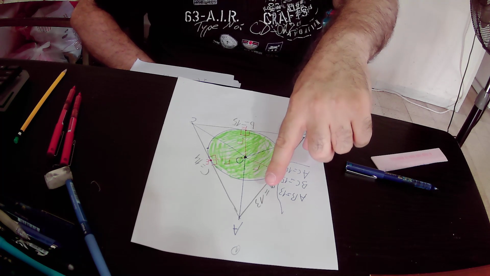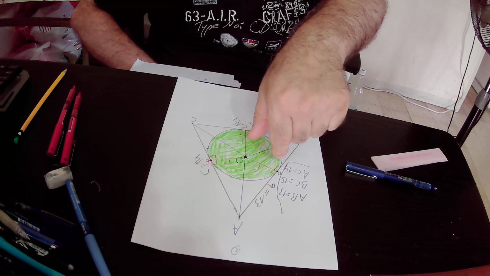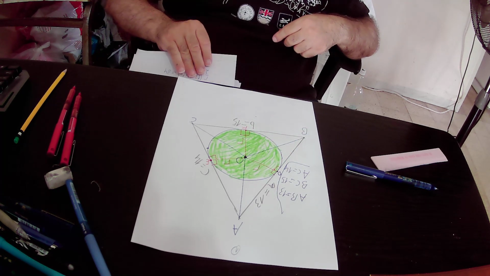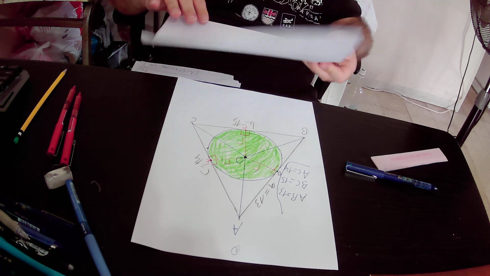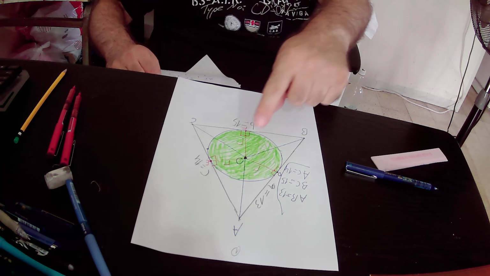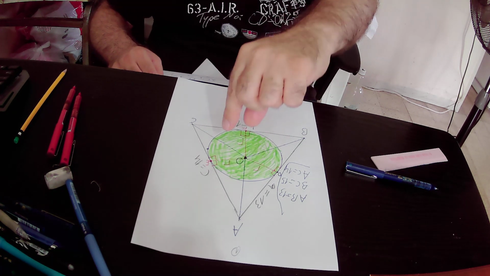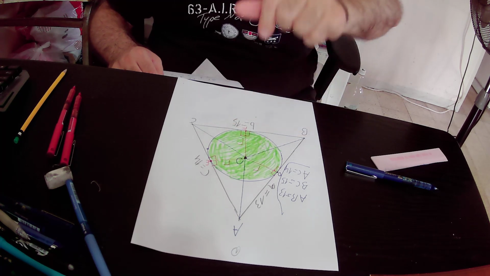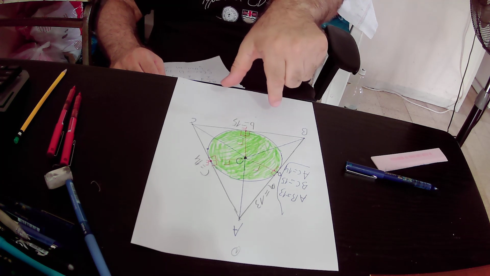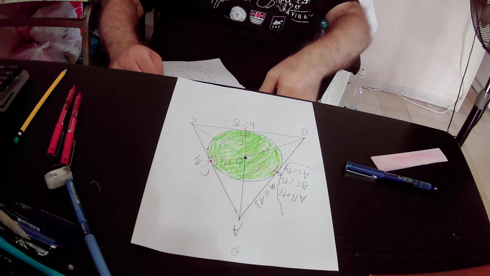So the area of triangle AOB is the base, that is A, times the height, that is the radius, over 2. So the area of triangle AOB equals AB times the radius over 2, and the area of triangle AOC equals the base, that is C, times the height, that is the radius, over 2, and the area of triangle BOC equals the base, that is B, times the height, that is the radius, over 2.